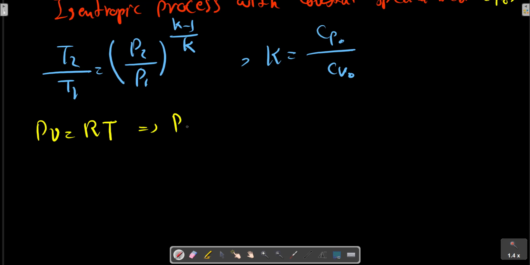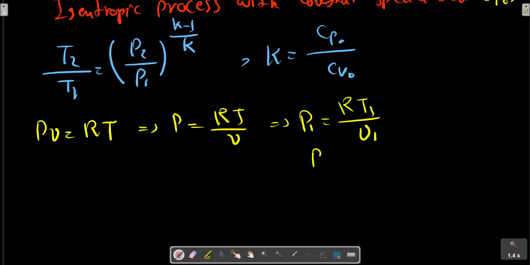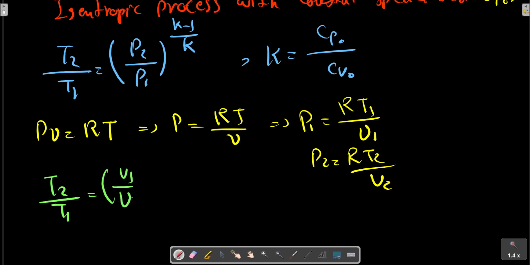For an ideal gas also, we can write the relation P equals R T over V. So P1 equals R T1 over V1, P2 equals R T2 over V2. Substituting into this relation, we can write the equation.